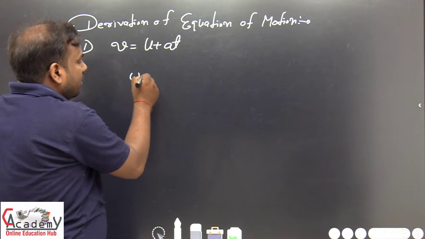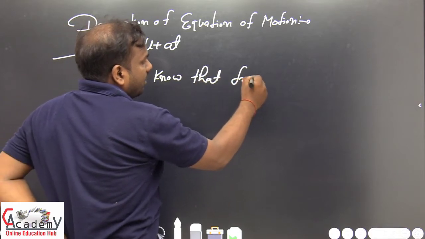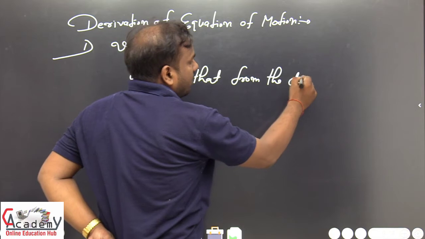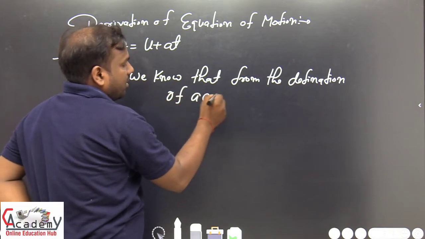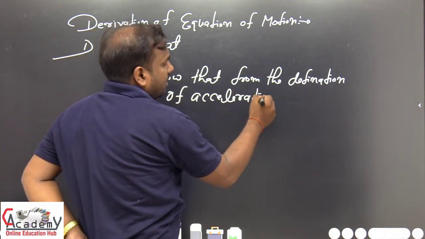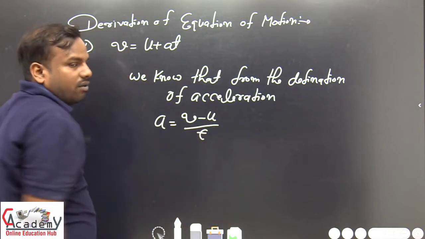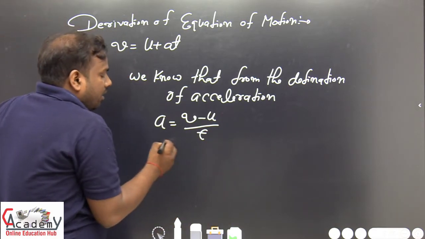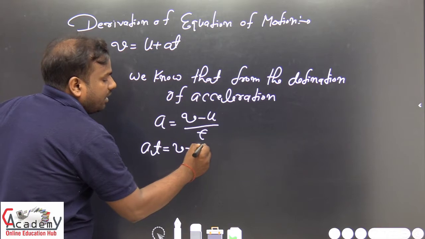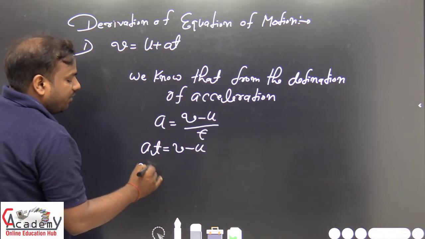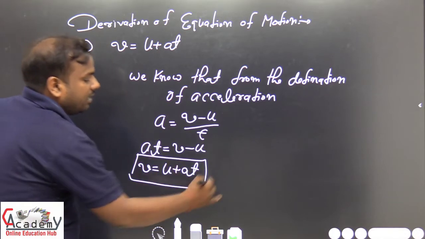We know from the definition of acceleration that A is equal to V minus U upon T. Cross multiply by T. So we get AT is equal to V minus U. Put the U here, then we get V is equal to U plus AT. That is proved.